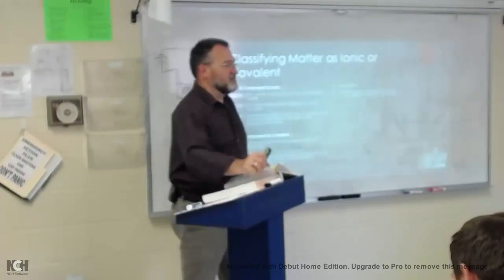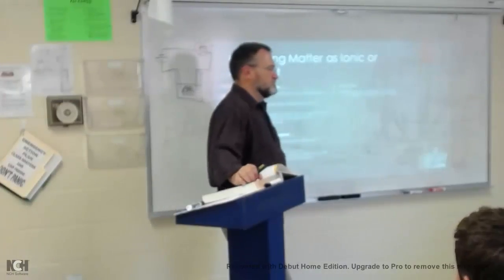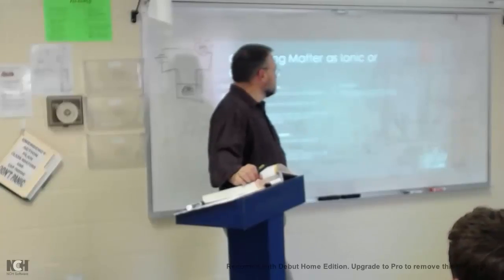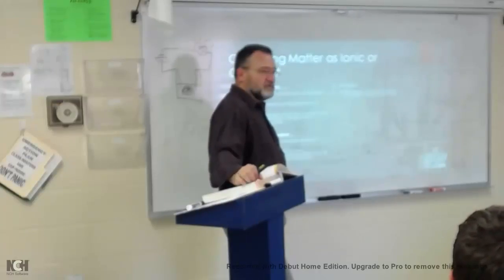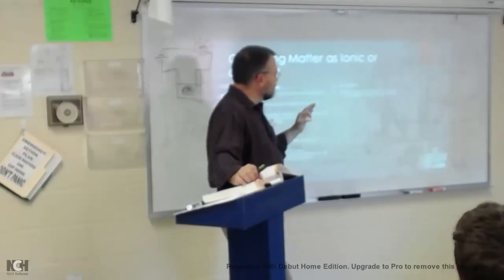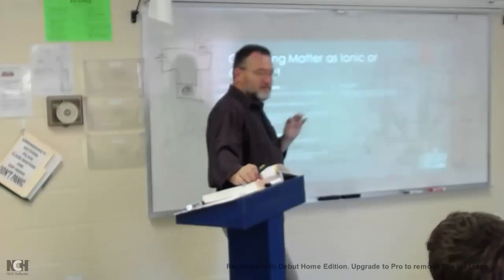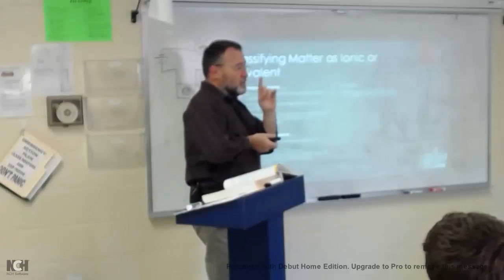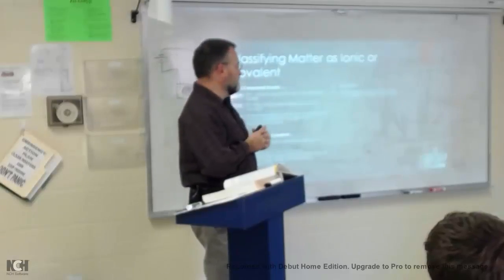How many atoms make up one molecule of table sugar? 45, right? So 45 individual atoms come together to form one molecule of table sugar.